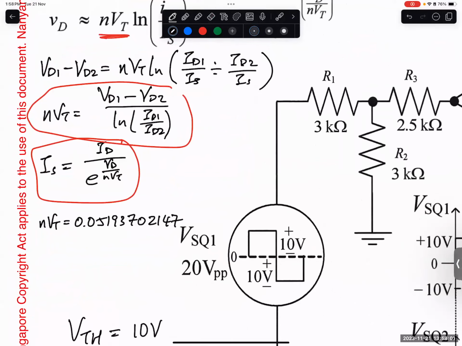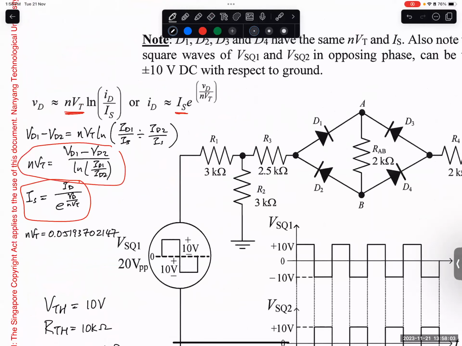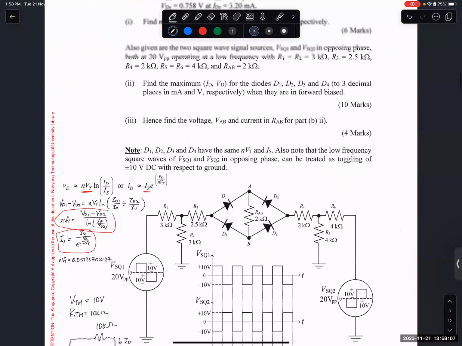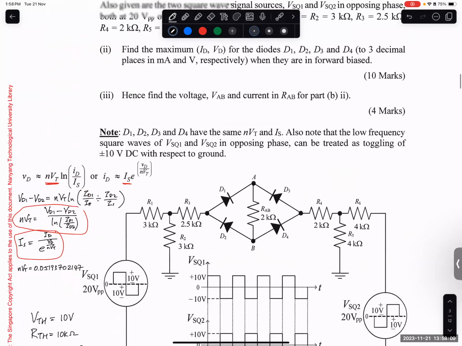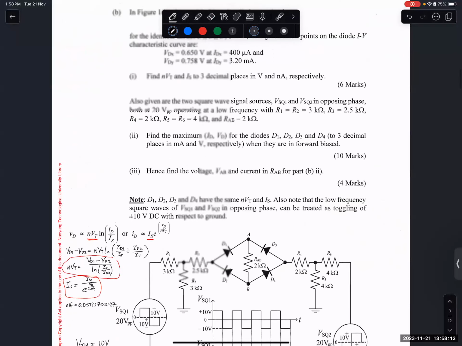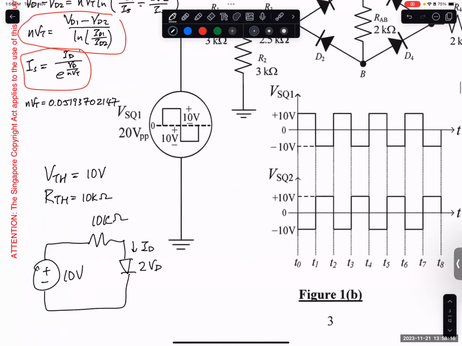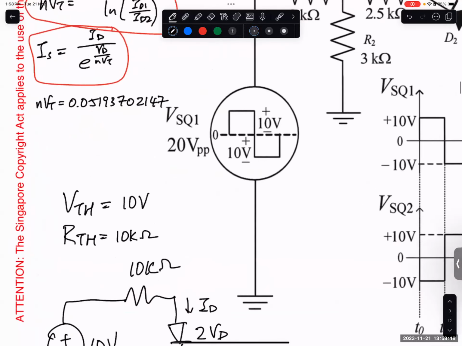Is this the same as what you all got? E1, ID1. So 3.2 milli over. Okay, should be the same. Then now we can calculate IS.